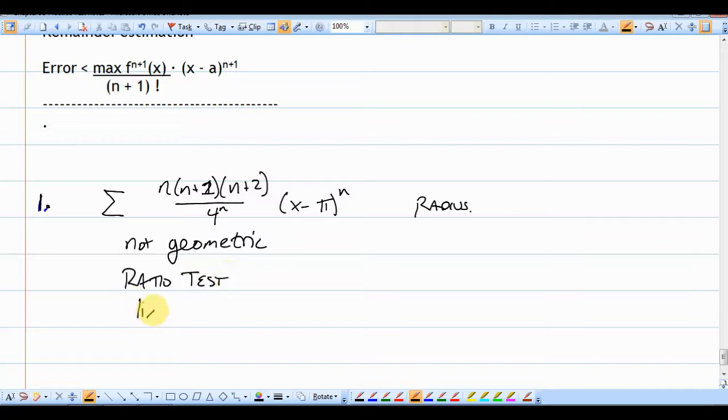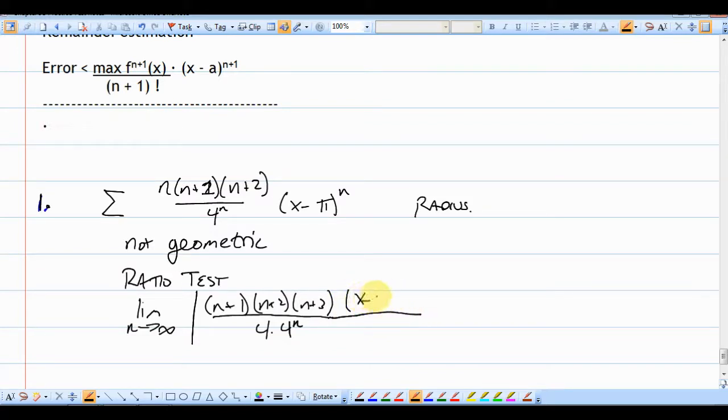So we want the limit as n approaches infinity. That's going to turn to n plus 1, n plus 2, n plus 3 over 4 times 4 to the n. I forgot about x minus pi.